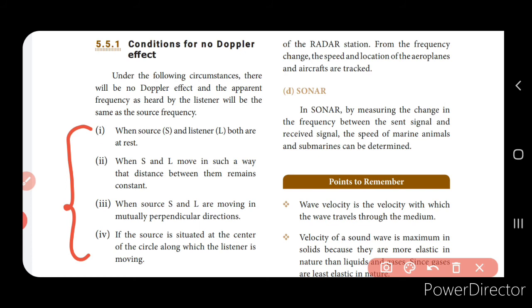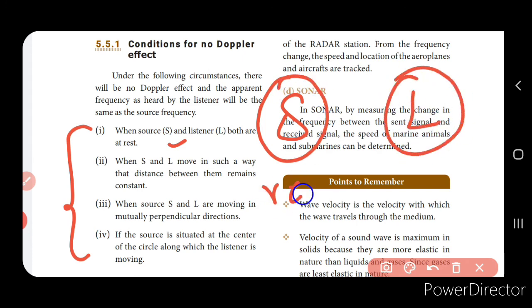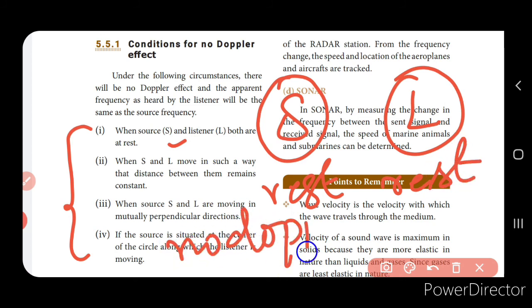When the listener and the source both are at rest. The listener is at rest and the source is also at rest. When both are at rest, there will be no Doppler effect. Is that clear? So there will be no change in the apparent frequency.